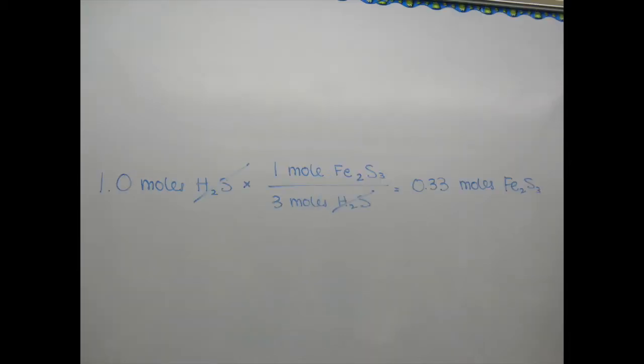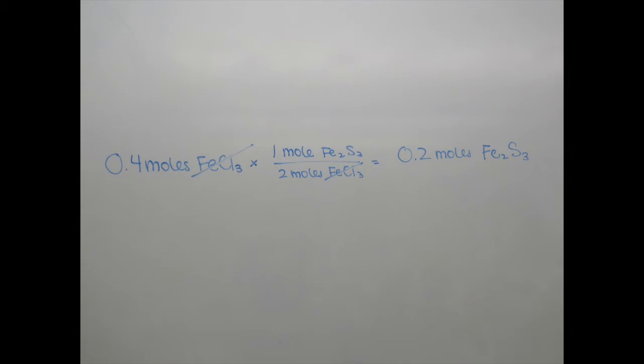Amazing work! Do the same conversion for H2S to Fe2S3, which is found to be 0.33 moles. The number of moles from FeCl3 to Fe2S3 is smaller than the number of moles of H2S to Fe2S3, which means that FeCl3 is the limiting reactant.